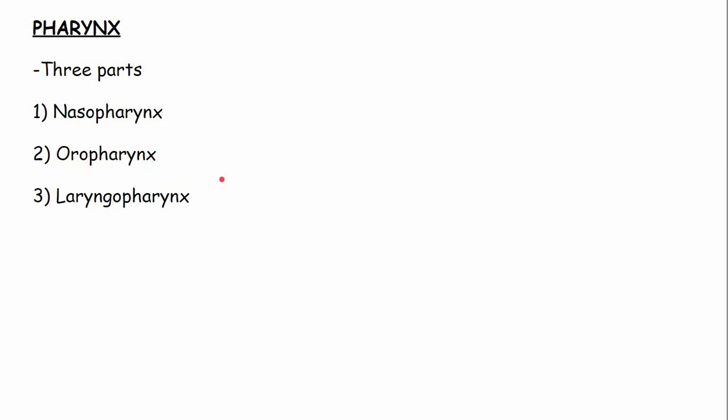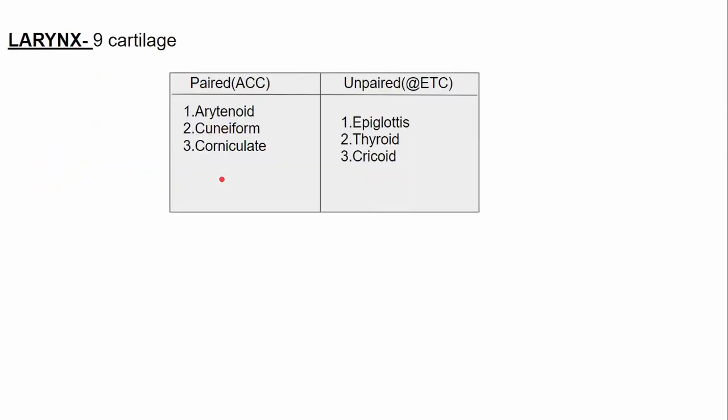Okay. Moving forward to the topic larynx. There are 9 cartilages in the larynx, of which 6 are paired and 3 are unpaired. For the paired, the mnemonic is ACC: A refers to the arytenoid cartilage, C refers to the cuneiform, and the other C refers to the corniculate.